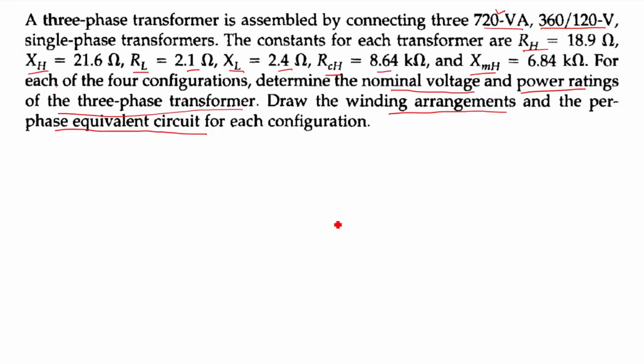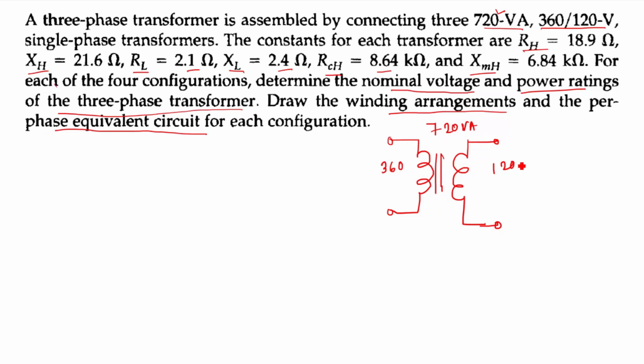Okay, so now we have three single-phase transformers, right? This is a single-phase transformer. Like this, we have three transformers which will be connected in the three-phase fashion, right? Each of the transformers is rated at 720 VA, and the voltage ratio is 360 by 120, and the equivalent circuit parameters are given here.